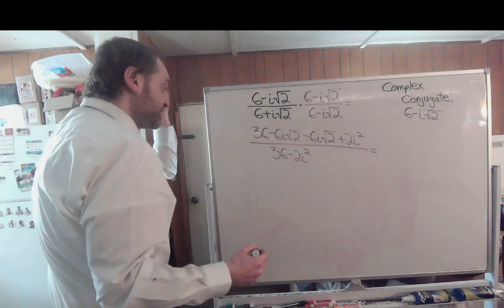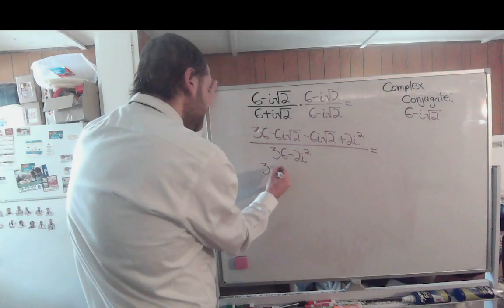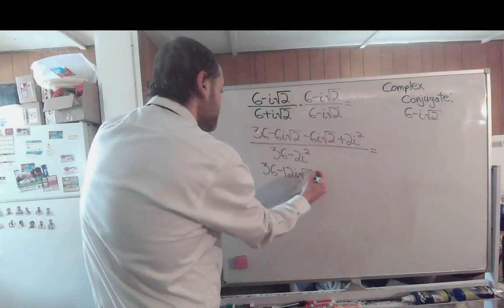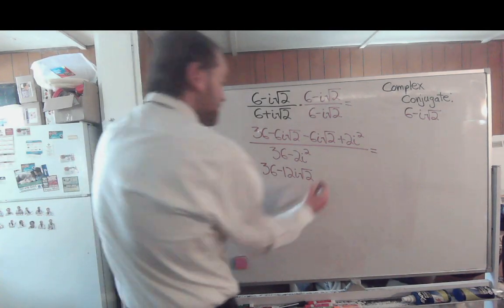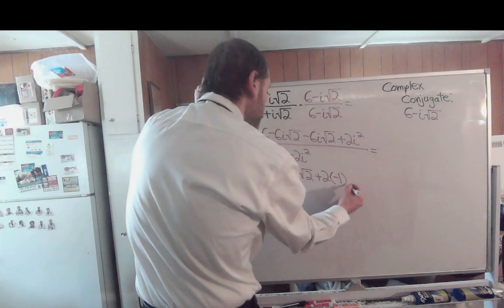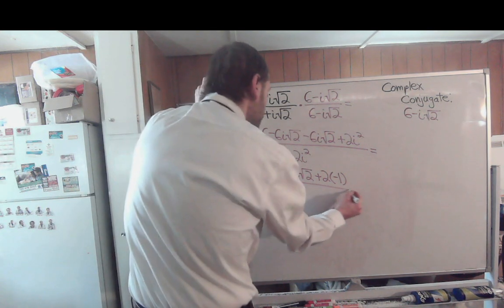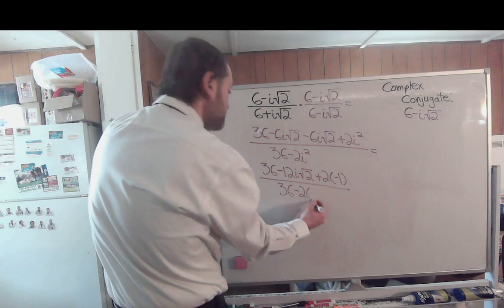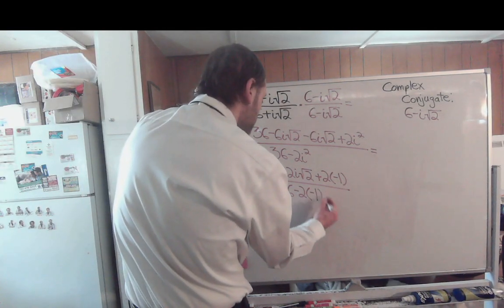So let's simplify this further. You would get 36 minus 12i times the square root of 2, and then plus 2 times your i squared, which is negative 1, all over 36 minus 2 times what's your i squared? That's negative 1.